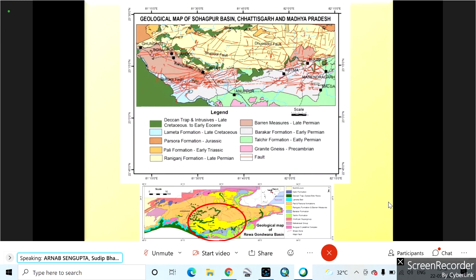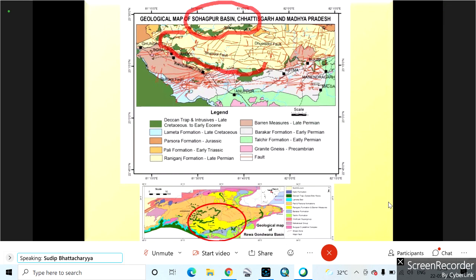Okay, I am telling you. Now the ring dike is here. One is here, another is here. So this is the total integral part of the ring dike. All the dikes are inclined towards this.